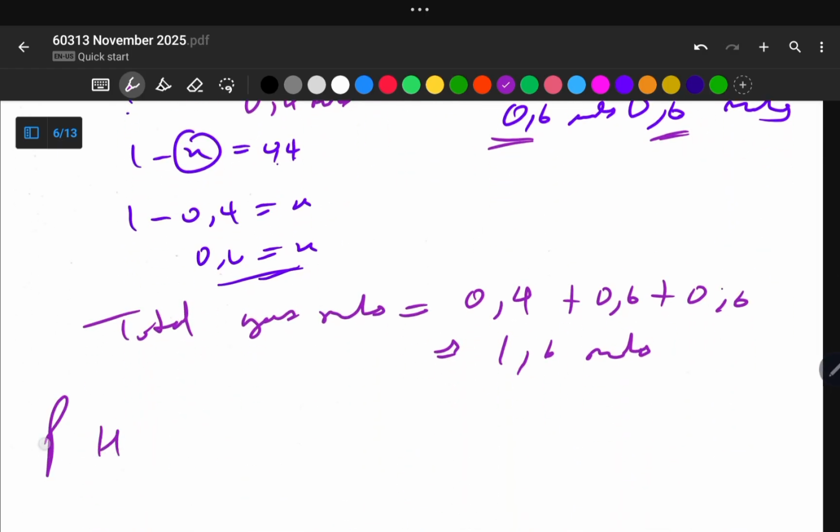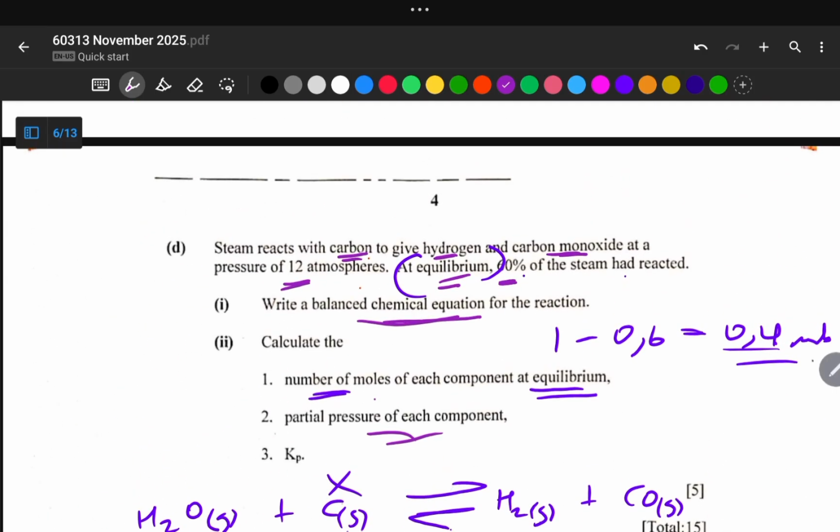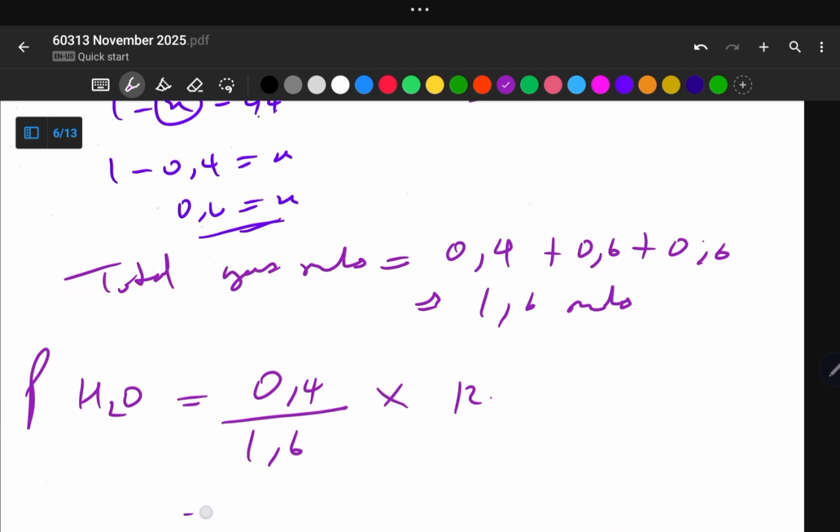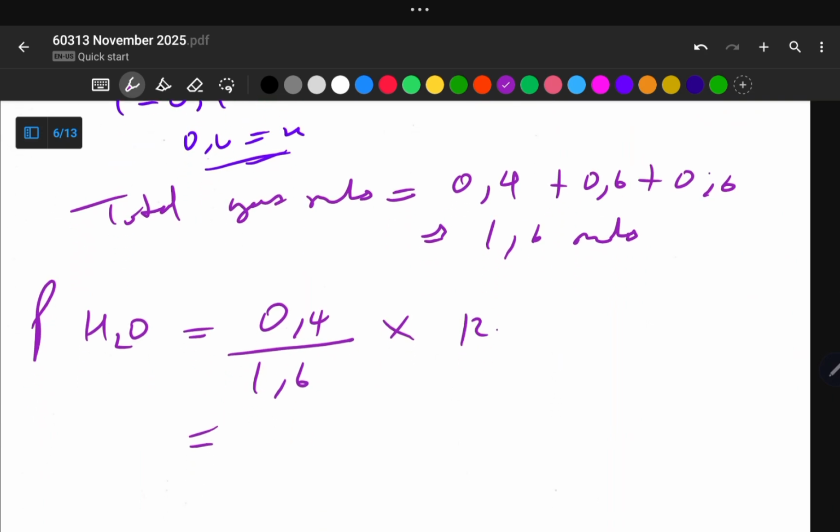So the partial pressure of steam, we're simply going to have the number of moles over the total number of moles multiplied by the total pressure, which is equal to 12, right? So we multiply by 12, and then we go straight to our calculator. 0.4 divided by 1.6 multiplied by 12, and then we are going to have 3. So it's 3 atm, right?